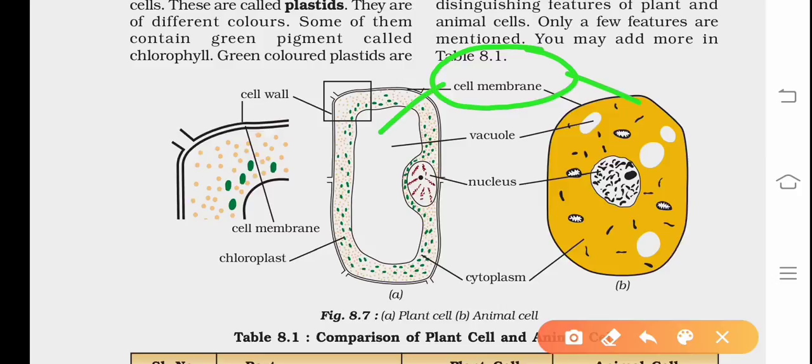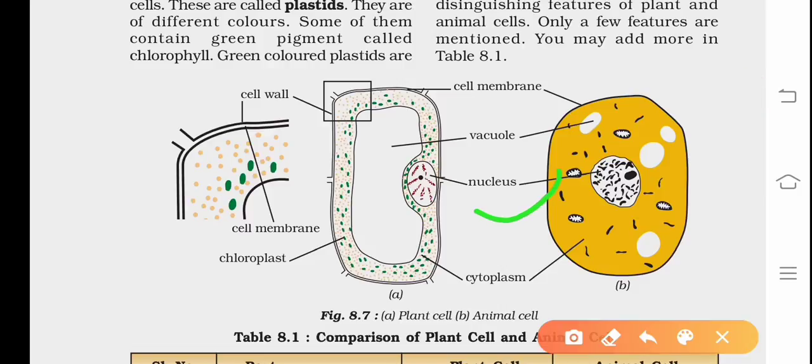It is the outermost layer which protects the cell from the surroundings and helps in keeping the content of the cell intact. It is porous in nature and helps in entry or exit of materials inside and outside the cell.